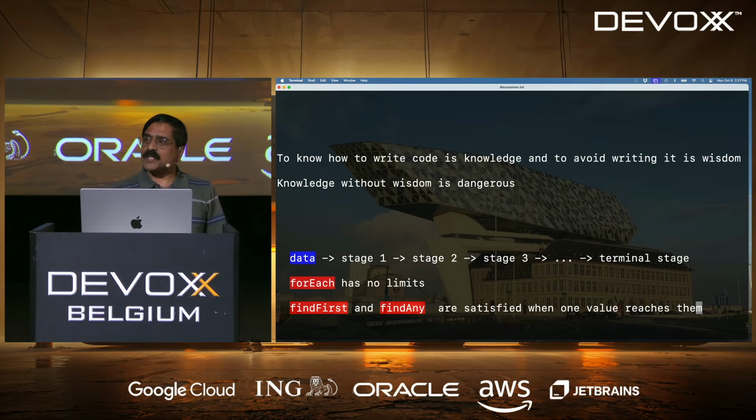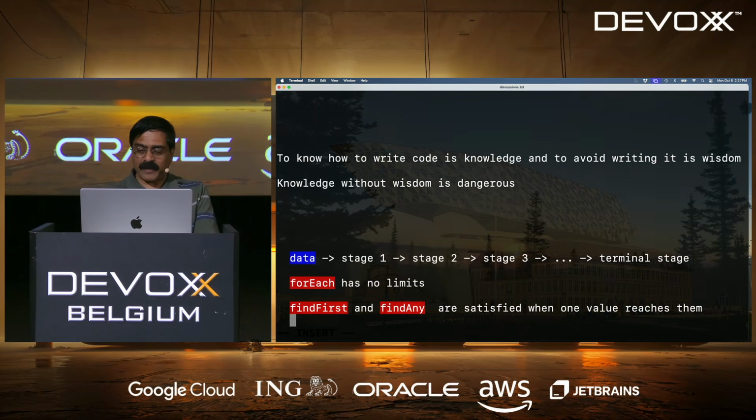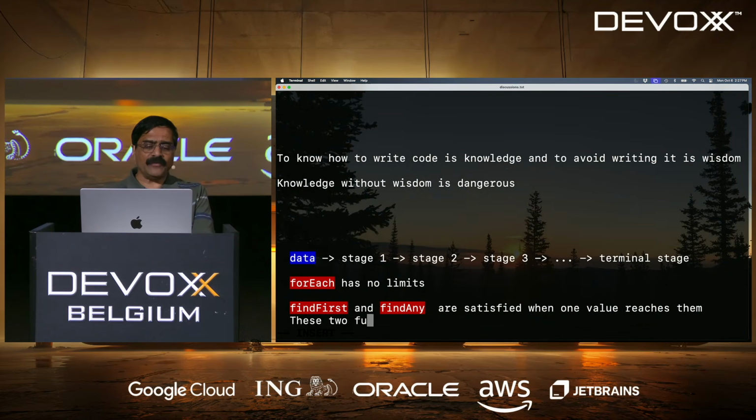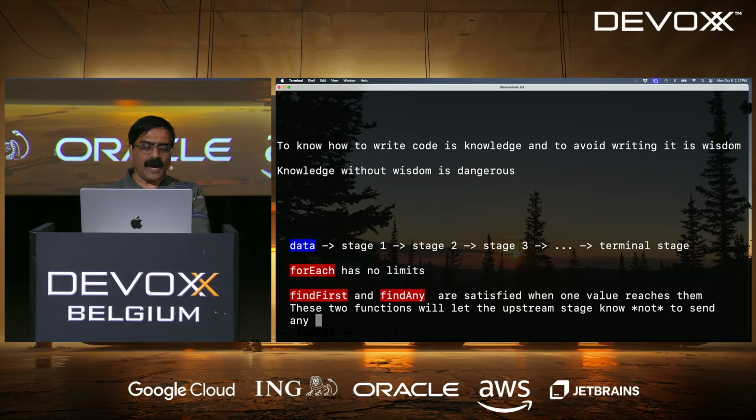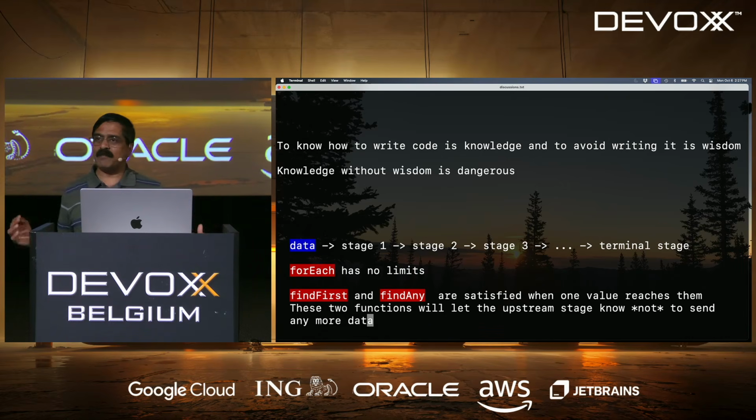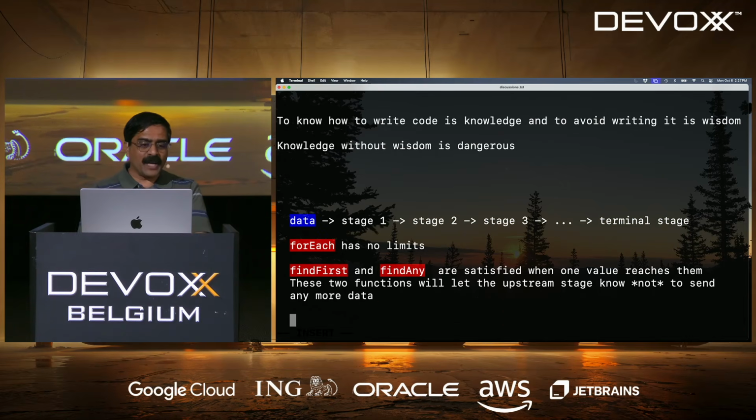So logically speaking, what's going to happen? These two functions will let the upstream stage know not to send any more data. So that's basically one thing we need to really keep in mind. This is a revelation we need to keep in mind.